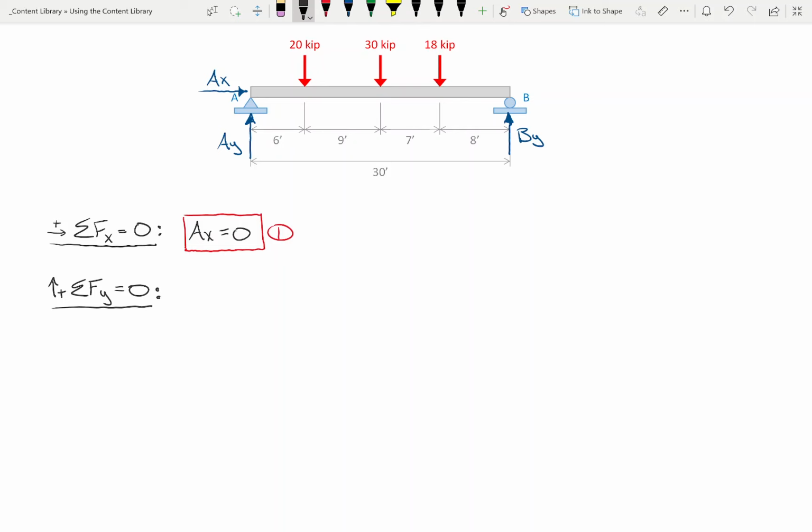So, do I consider AX? Do I consider AY? Is it positive? Yes. So, AY. What about the 20 kips? Negative. Same thing with the 30 and the 18.